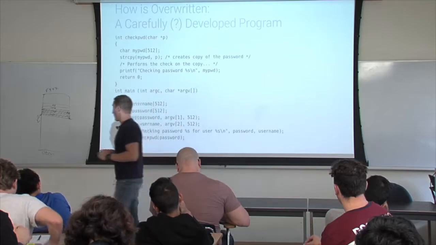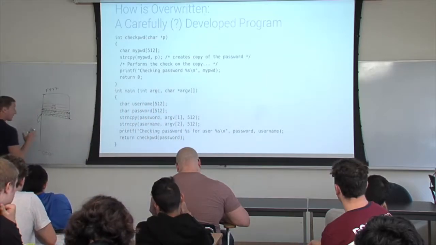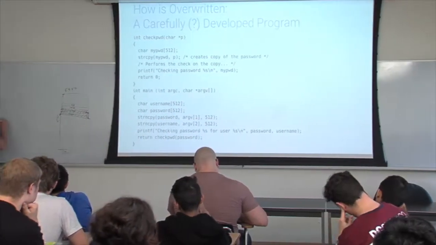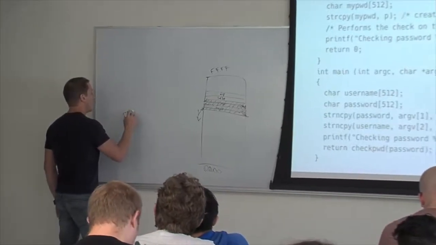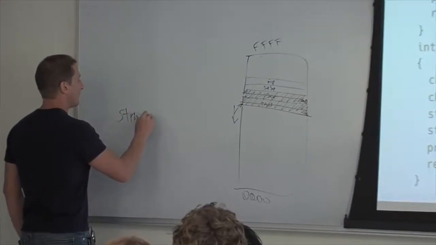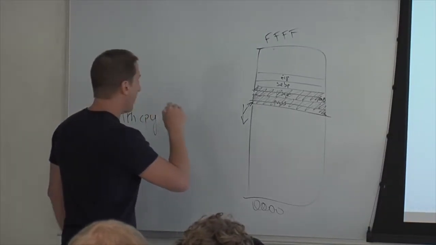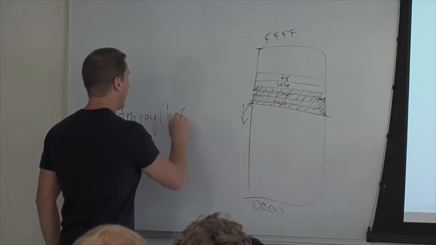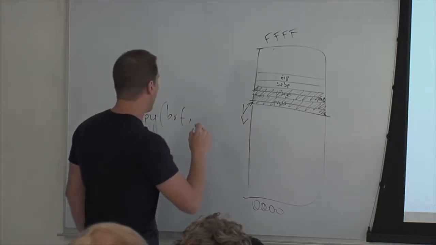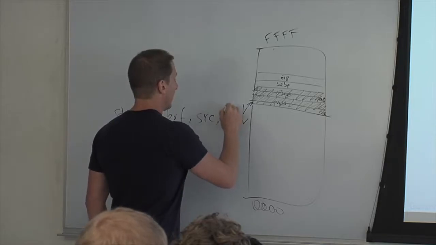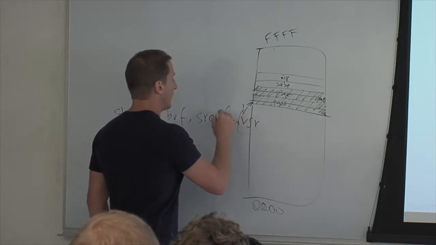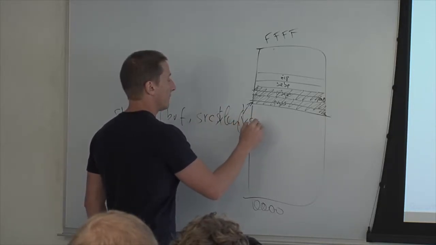Not only that, and this is a true story, reviewing code during a pen test, if I remember, I saw this piece of code: strcpy into some buffer, there will be source, and it was strncpy with strlen of source.